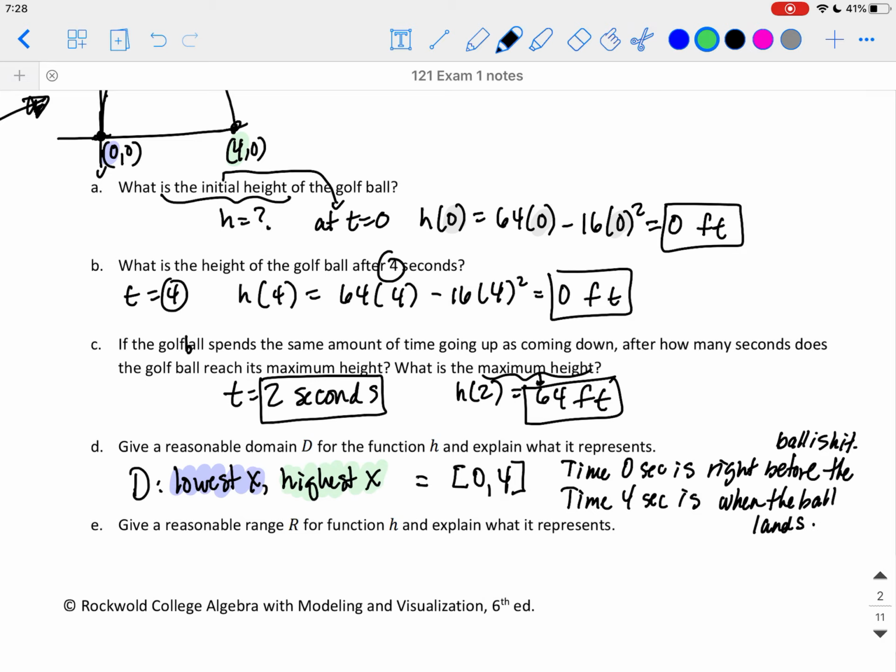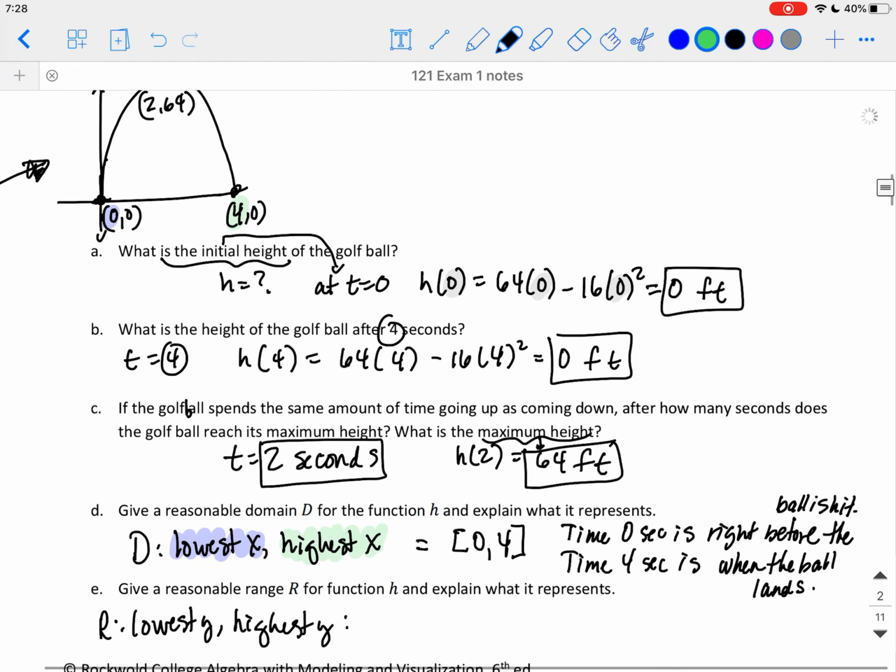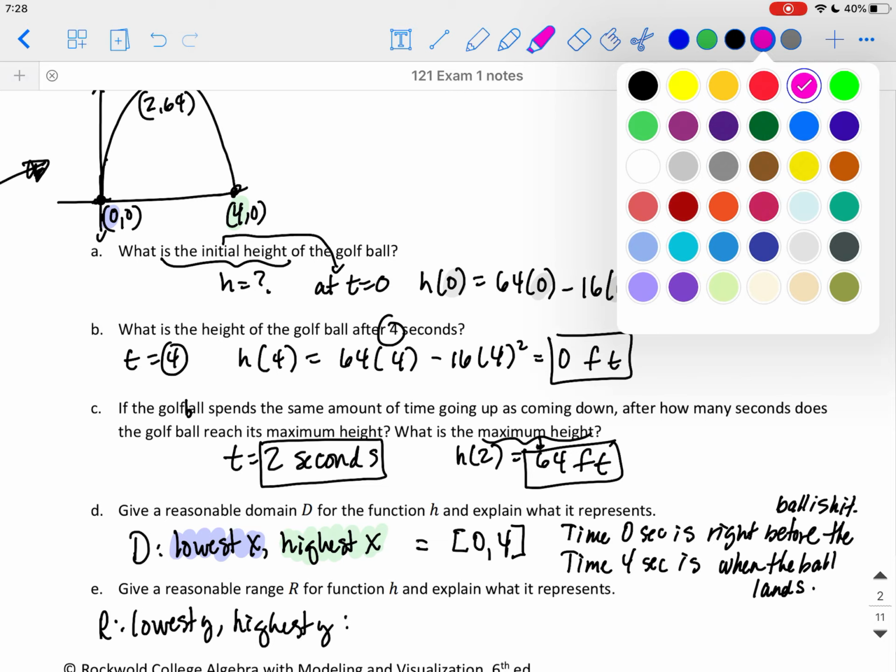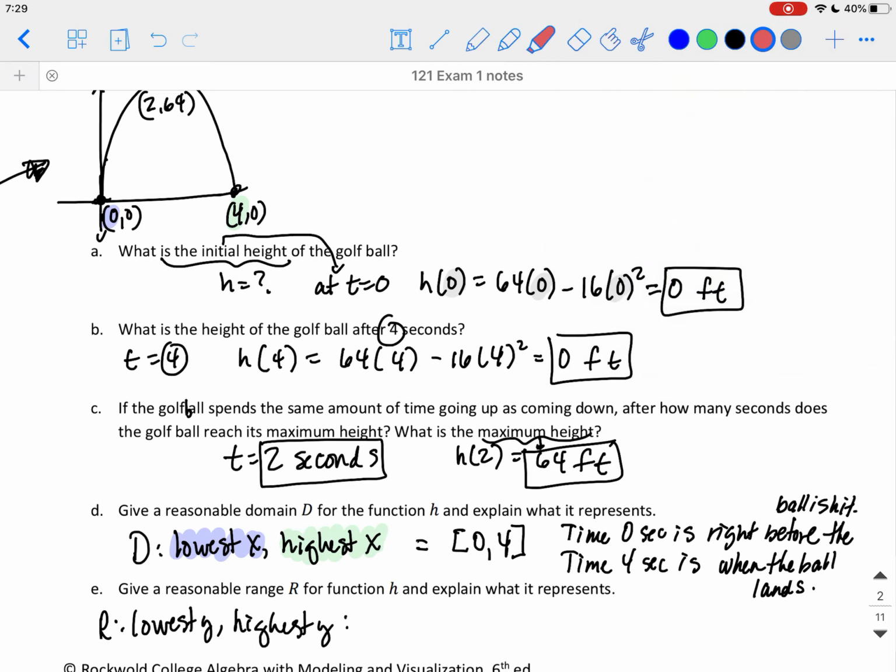Give a reasonable range R for function h and what it represents. So our range is going to be our lowest y, comma, highest y. Okay, so looking at the graph, our lowest y value happens to be this y value and that y value.